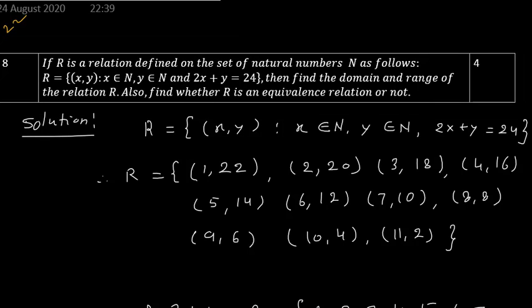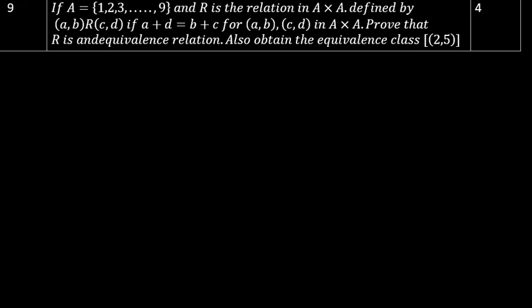Now let us move to the 9th question. The 9th question is, if A is equal to {1, 2, 3, up to 9} and R is the relation in A defined by (a, b) related with (c, d) if a plus d is equal to b plus c, for (a, b), (c, d) in A cross A, we have to prove that R is an equivalence relation.